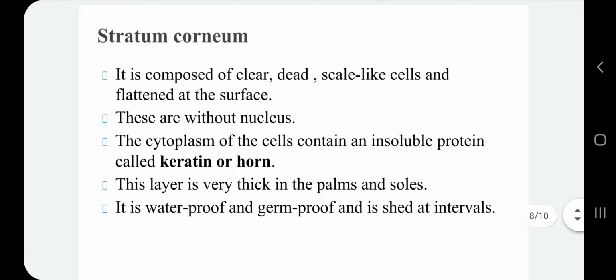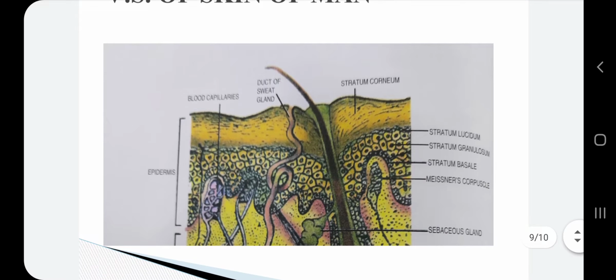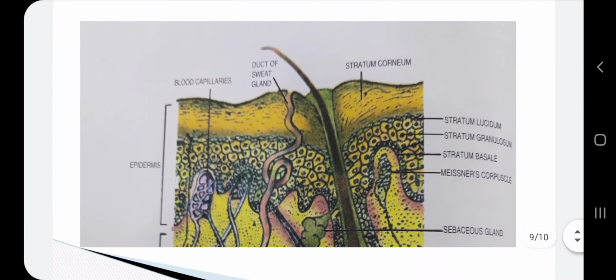The lowermost is Stratum Basale, then Stratum Spinosum, then above it Stratum Granulosum, then Stratum Lucidum, and the outermost is Stratum Corneum, which is made up of scale-like dead cells which are without nucleus. Now these are the 5 layers, and in the diagram which is given in your book, I have focused only on the layers of epidermis.